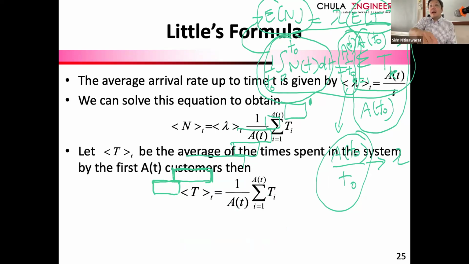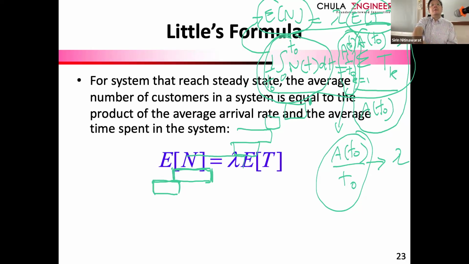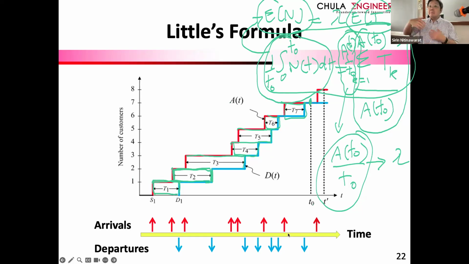This Little formula is very, very general. It applies to all queuing systems with a minor condition of stability. What do I mean by stability? Stability means the quantities under consideration do not blow up, right?